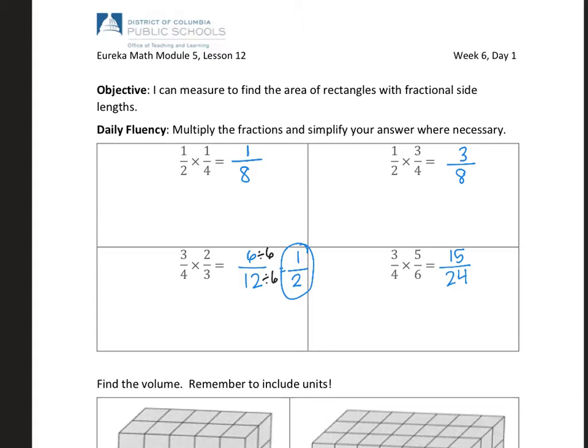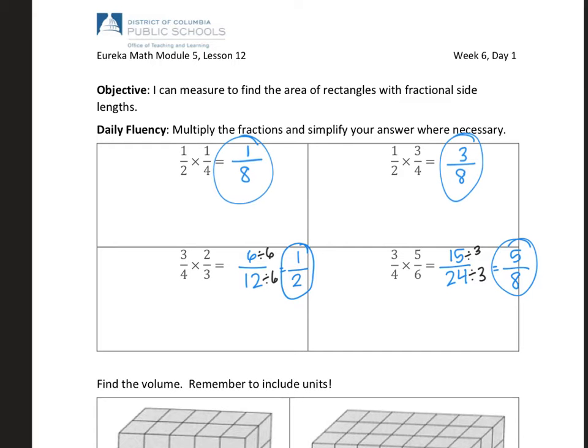I am going to say that is 3. 15 divided by 3 gives us 5, and 24 divided by 3 gives us 8. So our final answer is 5/8. These are the 4 products that you should have gotten for this part of the daily fluency.